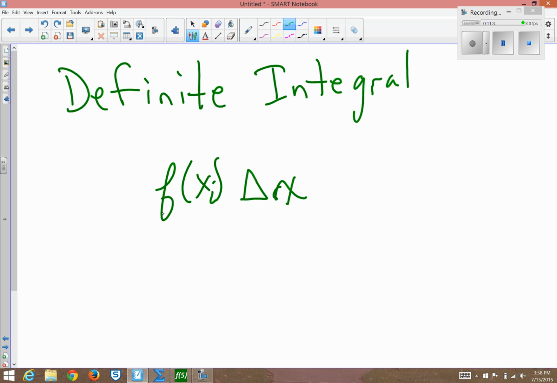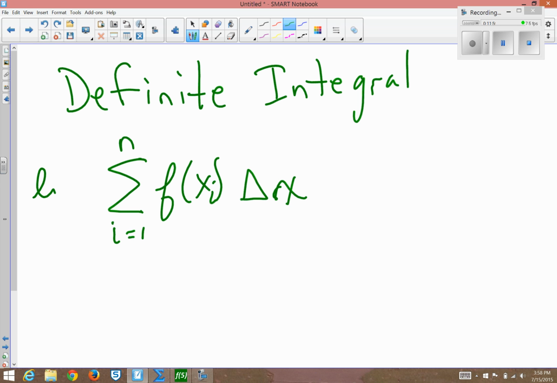So this represents how tall each rectangle was. This represents how wide. When we added them all up, the symbol sigma means add all of them up, from i equals 1, meaning the first rectangle, up to n, which in the example we just did was the 6th rectangle. That's how we got the approximate area.